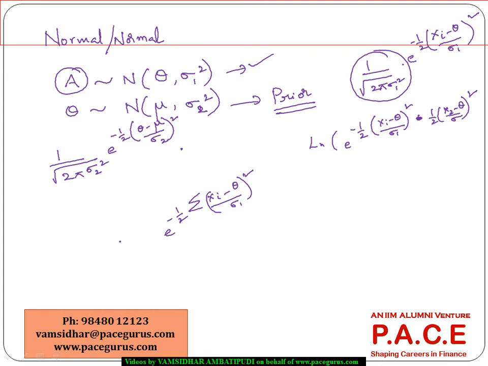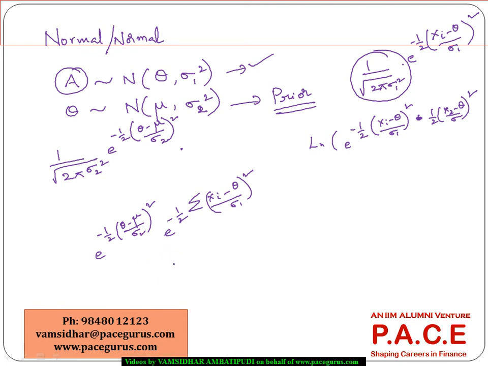And when I am bringing in the prior, it is also e to the power of minus half theta minus mu by sigma 2 whole square. So overall, it's again some kind of a normal distribution itself.